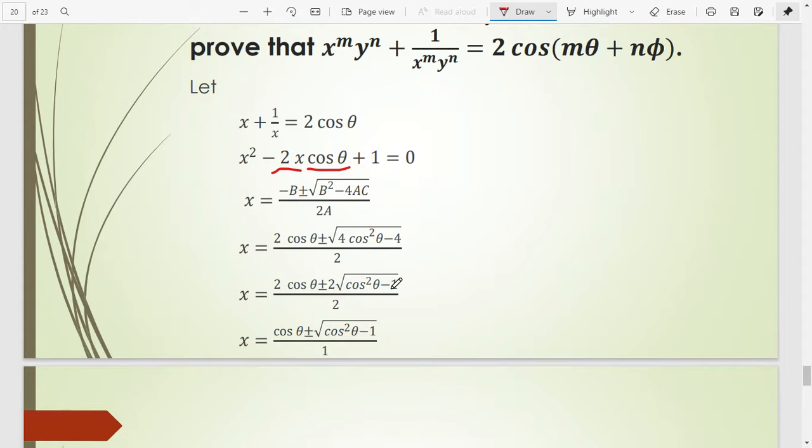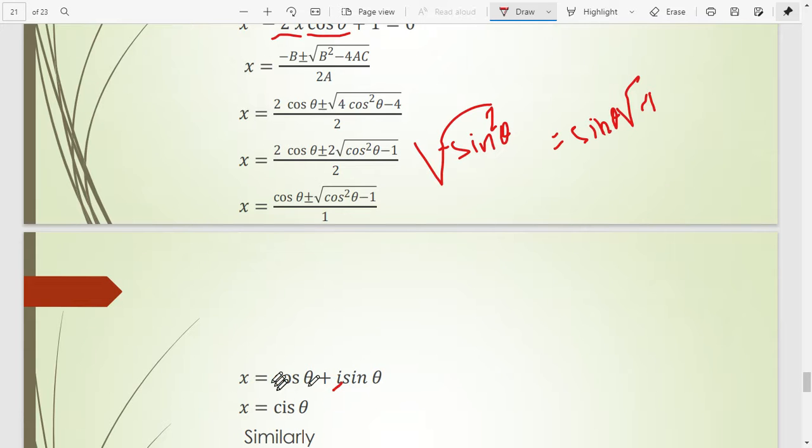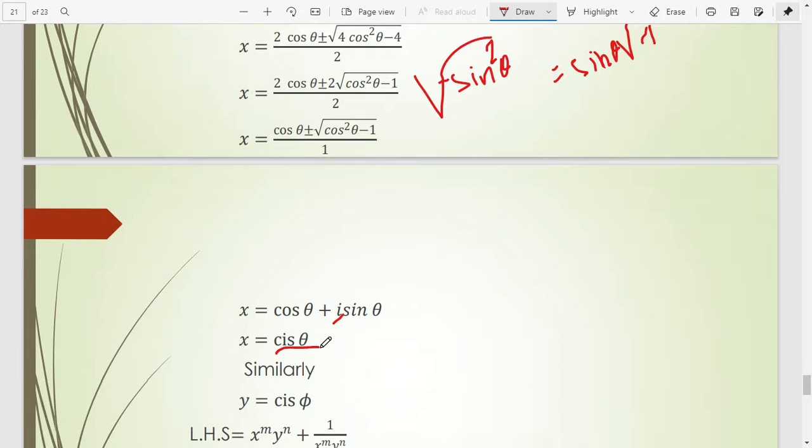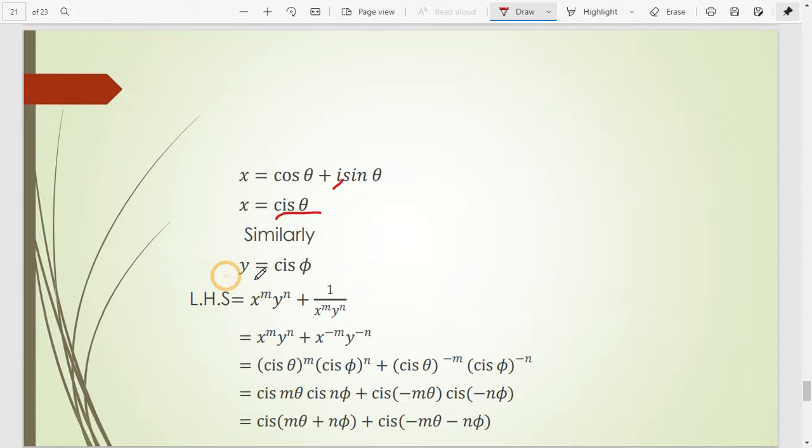Cos square theta minus 1 is equal to minus sin square theta. So this is equal to under root minus sin square theta is equal to sin theta into under root minus 1. So under root minus 1 is equal to i, and cos theta plus i sin theta. So we can write cis theta. Similarly for y is equal to cis phi.